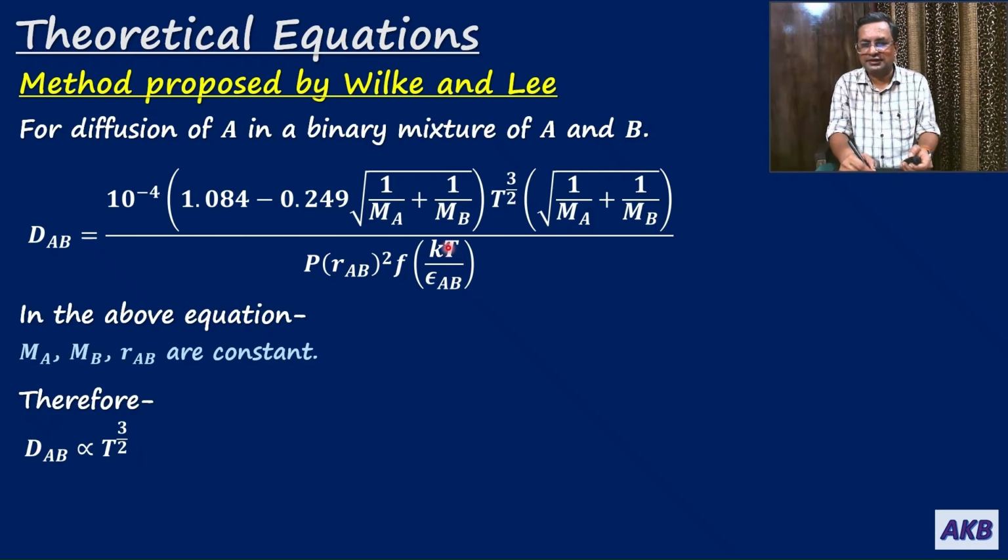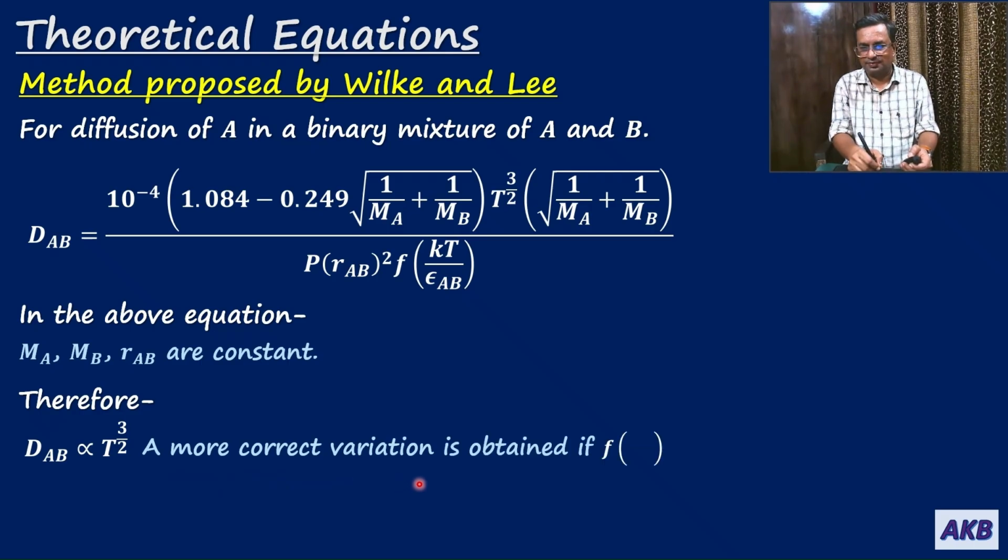But if you consider the variation of the collision function also, because in the function you have temperature, you will get a more correct variation.